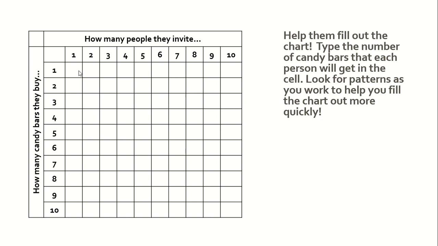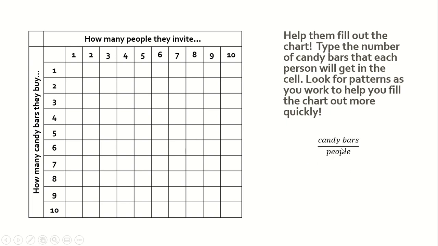We're going to type the number of candy bars each person will get in the cells. We're going to be looking for patterns as we work, which is going to help us fill out the chart more quickly. As you're filling out each of these blank boxes, I want you to think about candy bars per person.